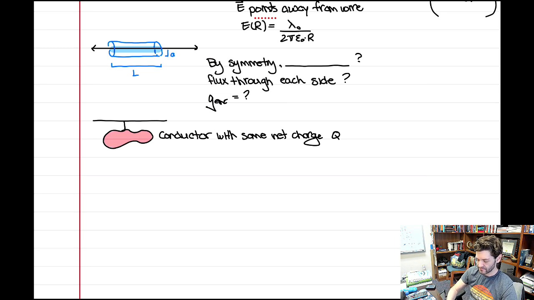If this is a big block of copper, there's protons and electrons everywhere inside. But if I add on some additional electrons, then those electrons that are free to move around will want to distribute themselves some way on the conductor. Where does all that excess charge go? Since it's the excess or the net charge that impacts the eventual electric field.